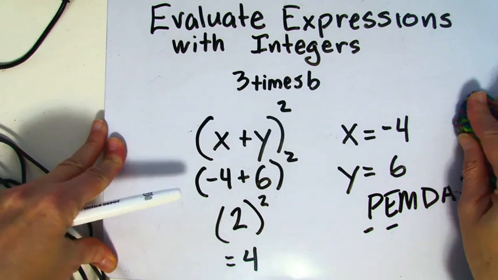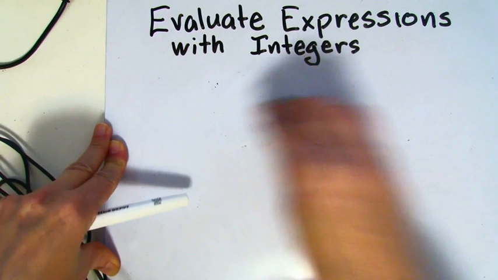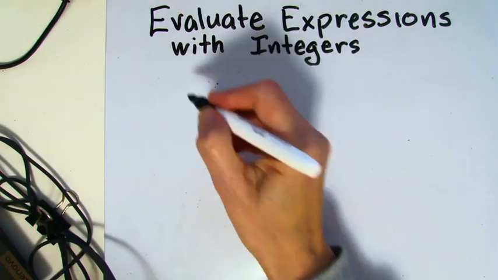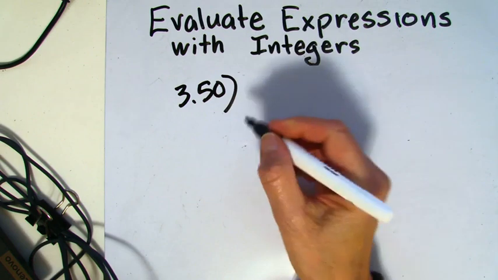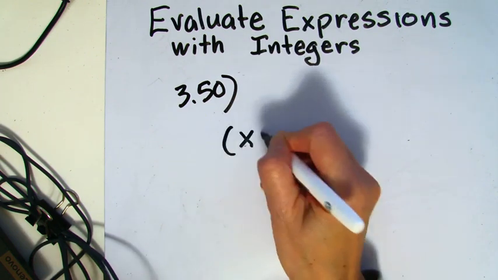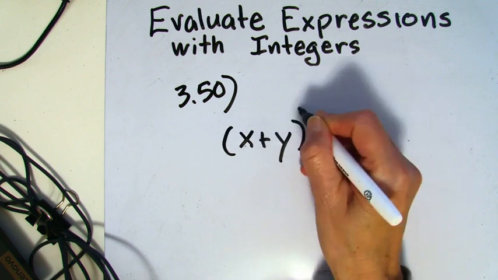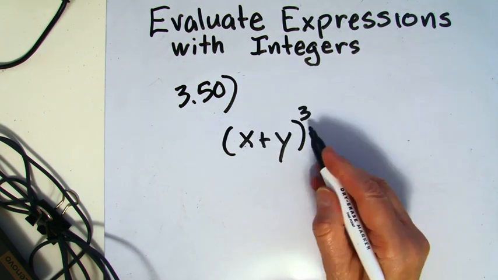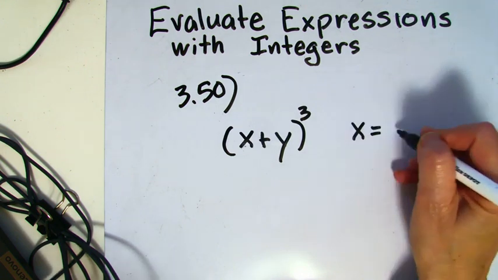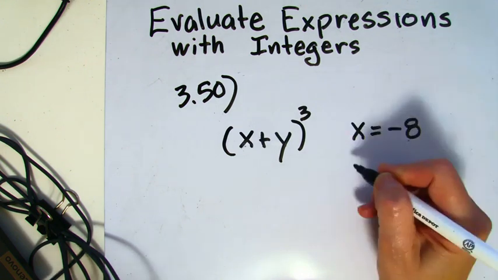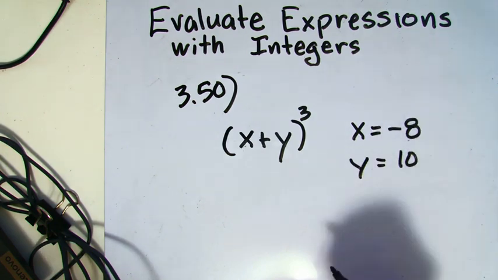That example is 3.50, and it's written as x plus y cubed, meaning the exponent is 3. And it's saying that x equals -8 and y equals 10.